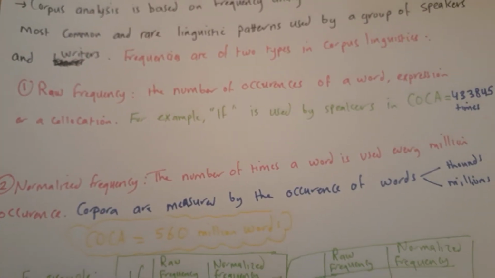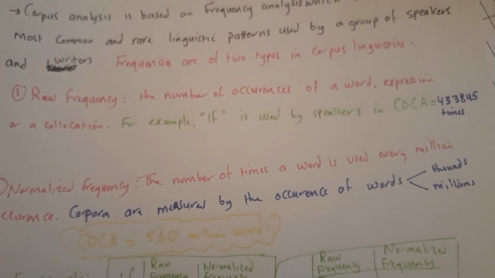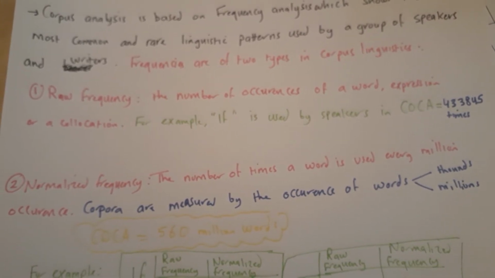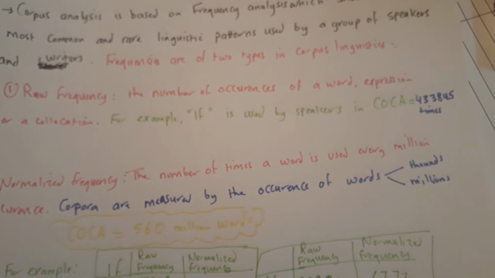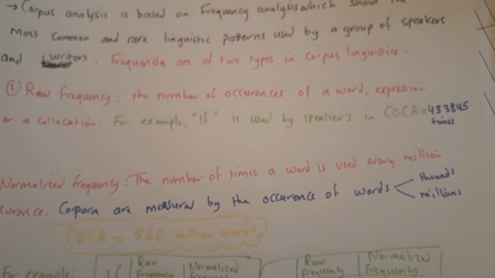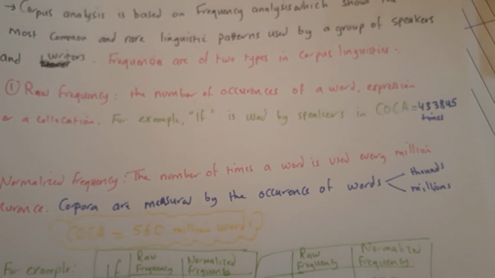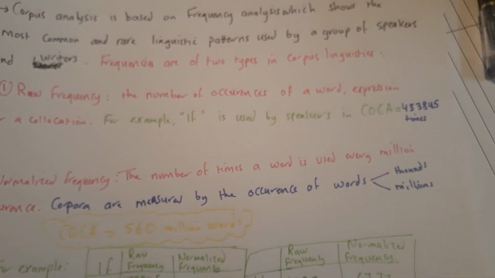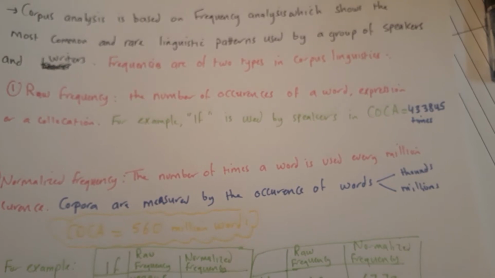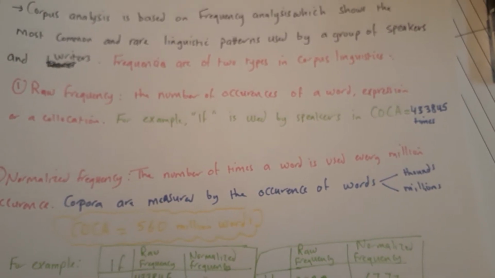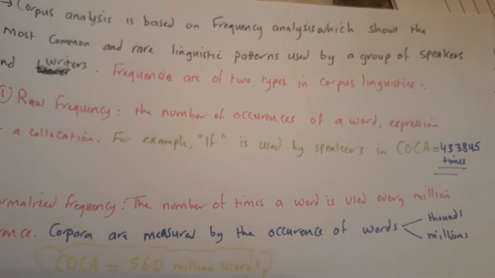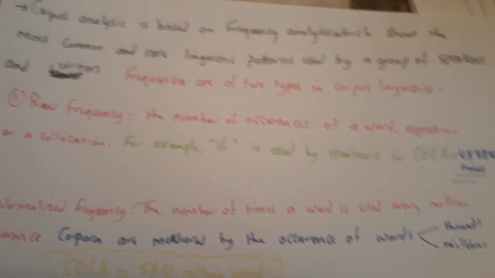We have raw frequency, and it refers to the number of occurrences of a word or an expression or a collocation. For example, from this study, if is used by speakers in COCA about 433,845 times. Look, this is raw frequency. We are talking about the times or hits.